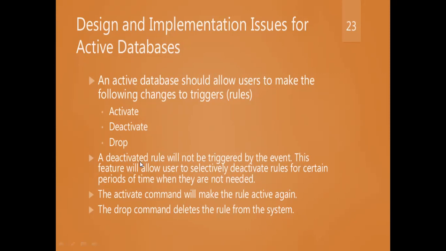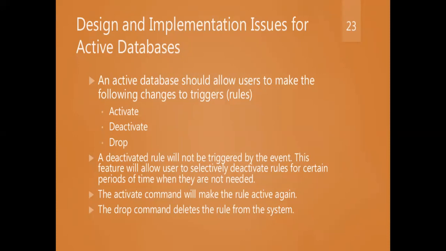So a deactivated rule is not triggered by the event, which means it is not going to function. We can use this feature by deactivating particular rules, not the triggers. On a particular table we'll set some set of rules, and for a second table we'll define another set of rules.